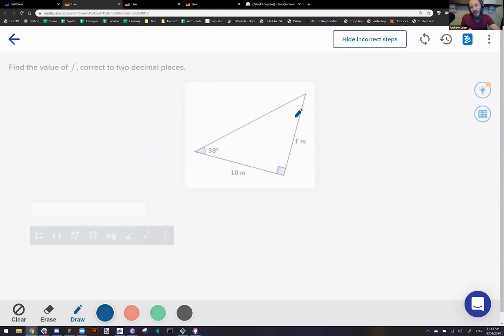So what can I write about this triangle, matching it up with what I did before? Well, I can see that my theta is 38 degrees and my side length here, which is cos, because cos is the horizontal bit, is 10. So I know that 10 equals whatever the hypotenuse is. I'm just going to draw that as a question mark, question mark times cos 38.